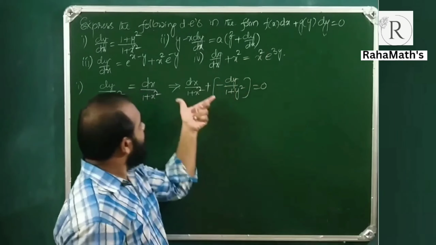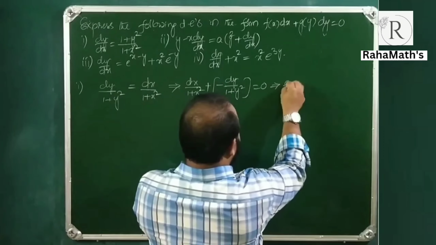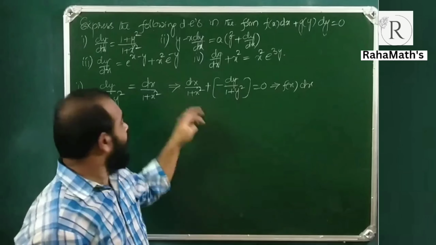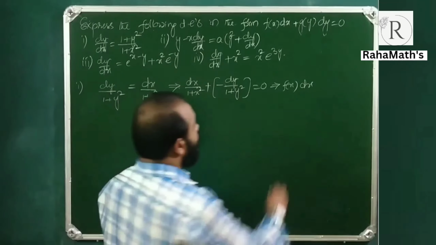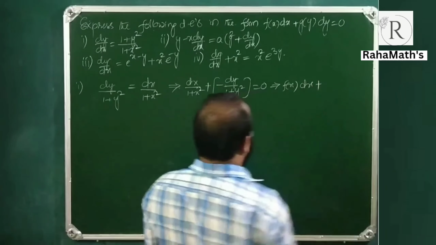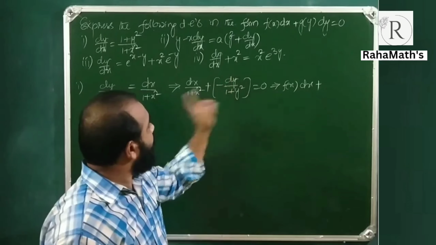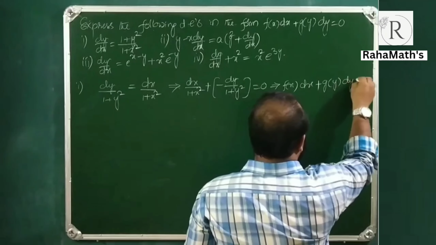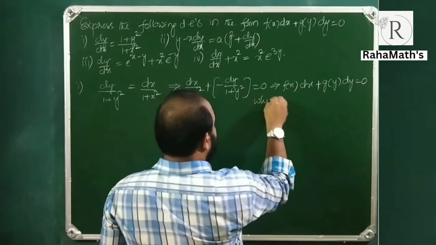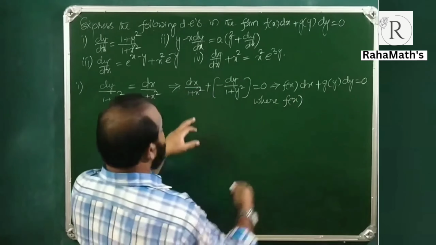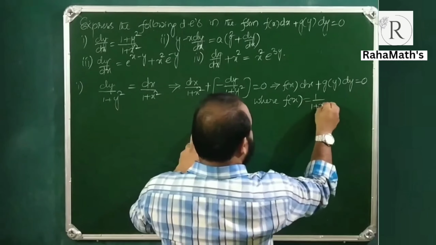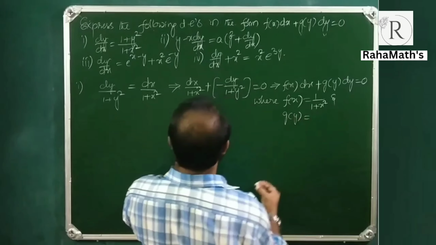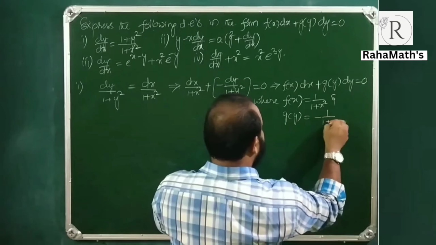So it is in the form f of x dx plus g of y dy equals 0, where f of x is 1 by (1 plus x square) and g of y is minus 1 by (1 plus y square).